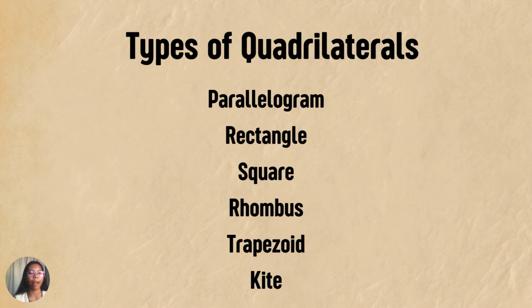What do they have in common? Yes, very good. They all have four sides and four corners. These are examples of quadrilaterals, a very important type of shape in geometry. So today we will be discussing the properties of quadrilaterals, the different types of quadrilaterals and their characteristics.